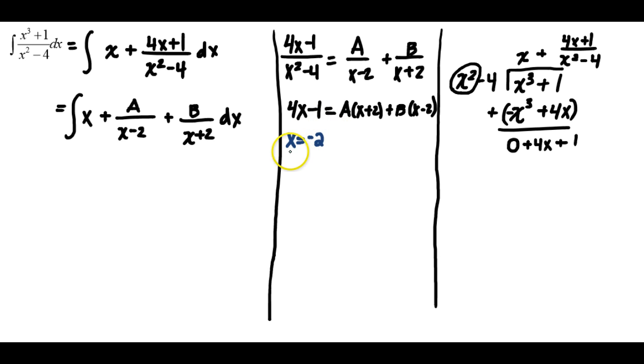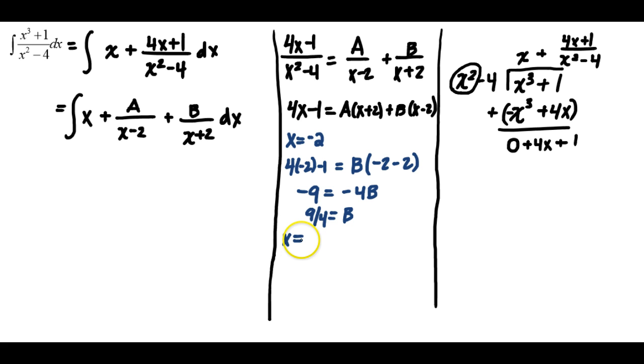So if I plug in minus 2 first, the a terms will go away, and then I get b times negative 2 minus 2. So here I get negative 8 plus 1, so negative 7, equals negative 4b. So b is positive 7/4.